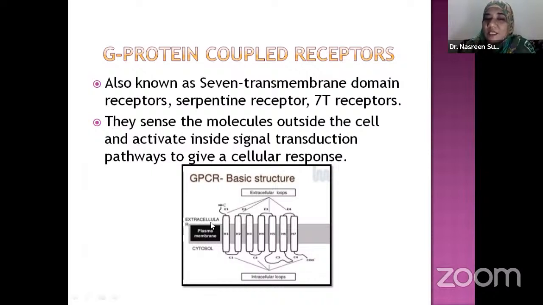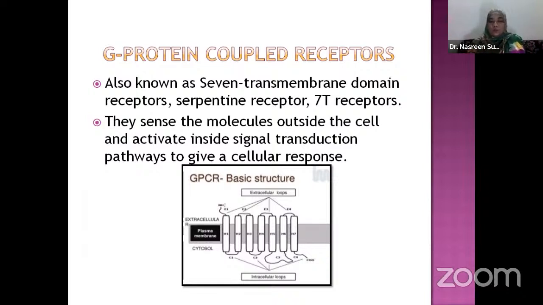You can see the basic structure of GPCR: 1, 2, 3, 4, 5, 6, 7. So 7 times it is coiling around the plasma membrane. That is why it is called 7TM or 7 transmembrane domain receptor. As it is in the form of a snake, it is also called serpentine receptor.